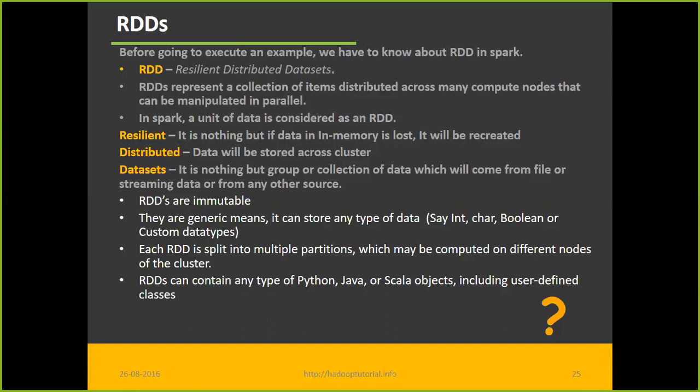When you load a file into Spark, the RDD will get split into multiple partitions, and those partitions will get distributed across multiple worker machines. So you understood how the distributed nature is achieved.